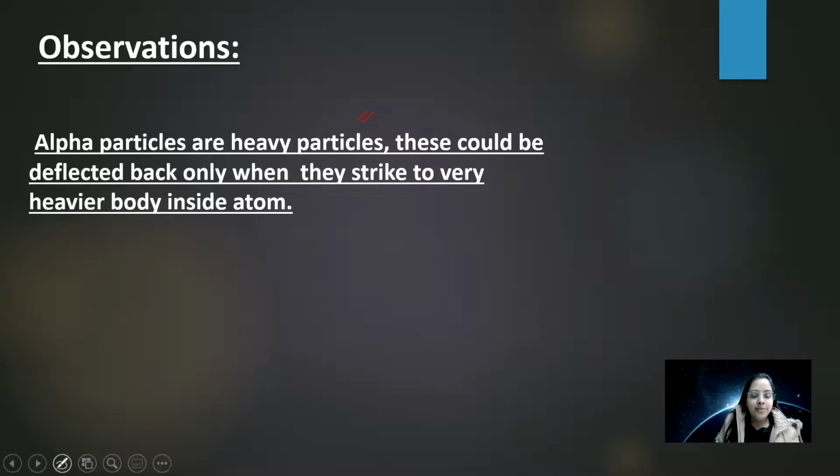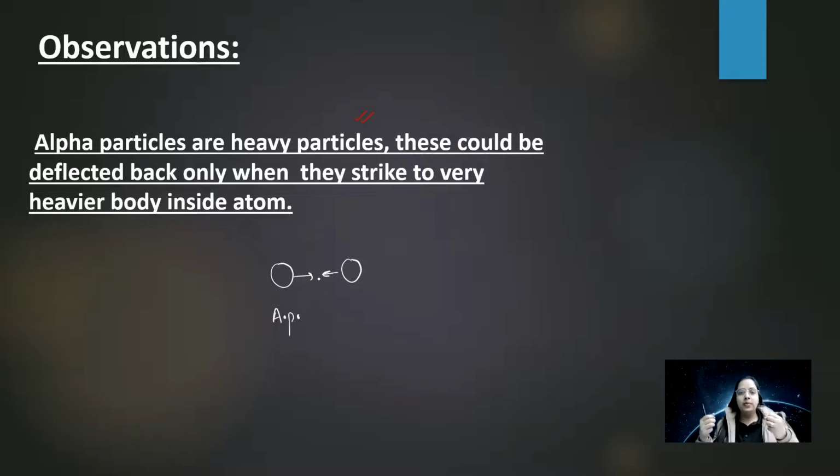If this is your alpha particle, and when they bombard with each other, if it is retracing its path, that means if your alpha ray is heavy, this body must be heavier, right? If this body is very heavy and this body is also heavy, when they interact with each other, it retraces its path only in one condition, when this body is heavier, right?